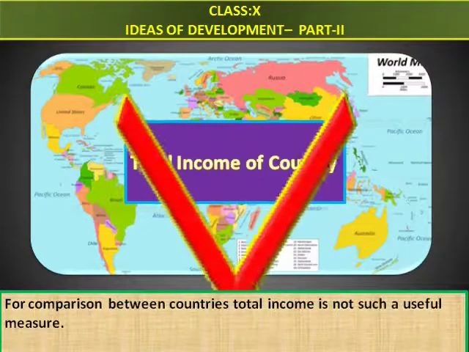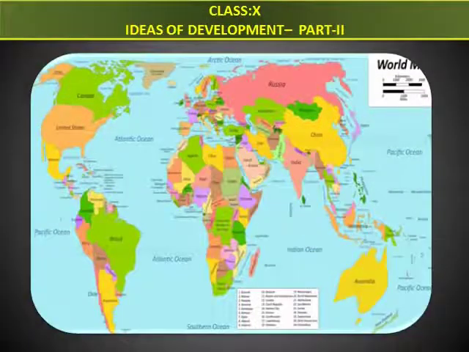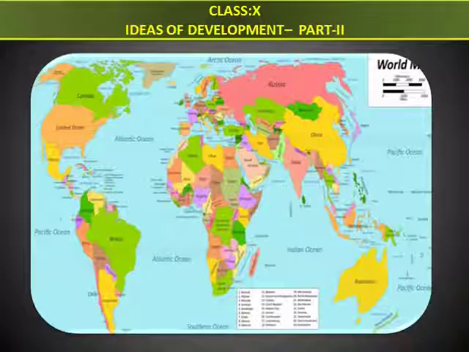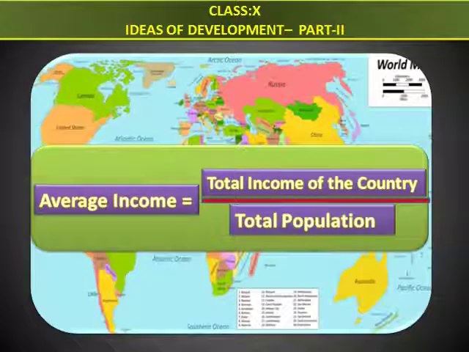Thus, total income is not a reliable criterion to compare national development, since countries have different populations. Comparing total income will not tell us what an average person is likely to earn. Are people in one country better off than those in a different country?